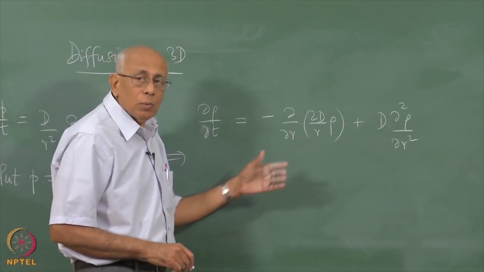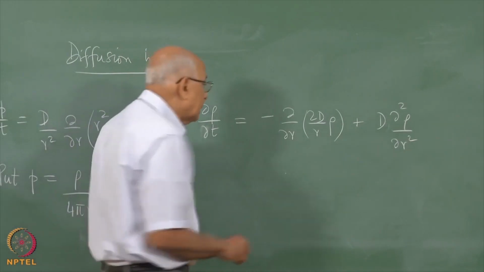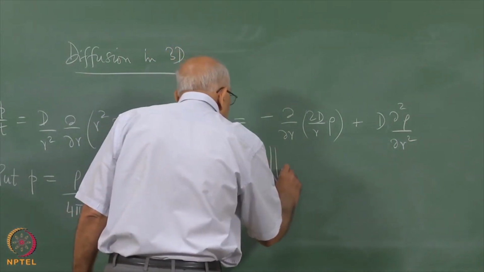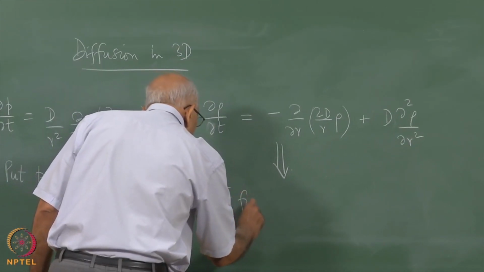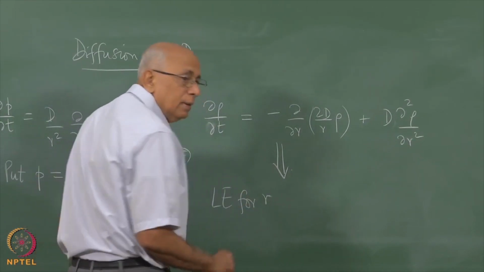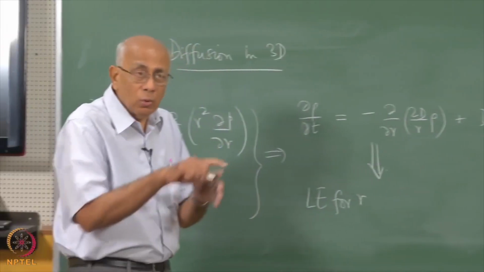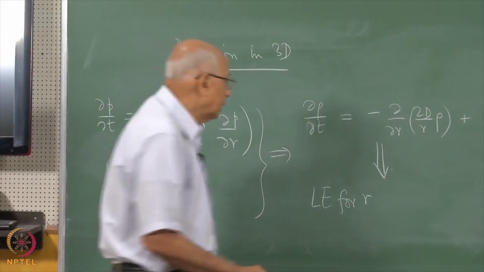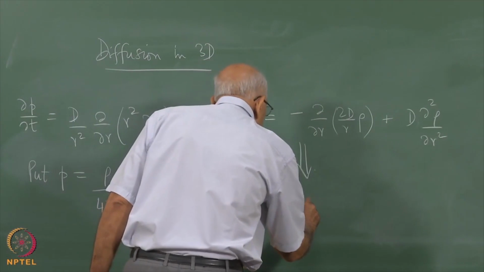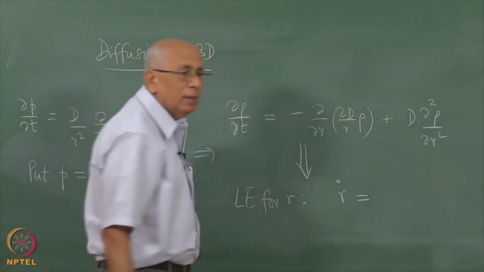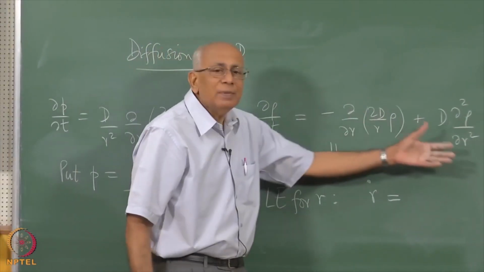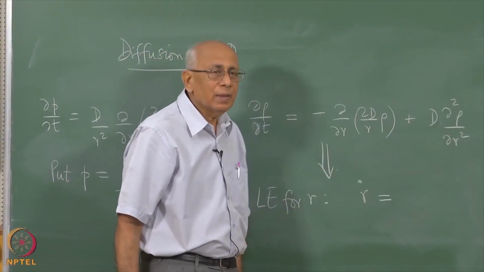Okay. So what will this imply backwards now? It implies a Langevin equation for little r, which is the square root of that crazy thing. This is going to be r dot equal to, this is f and g, right?